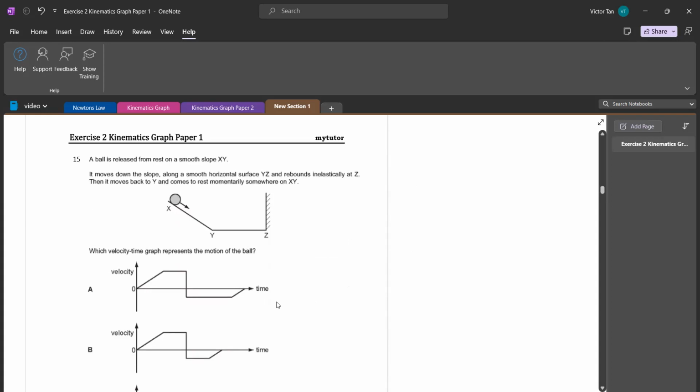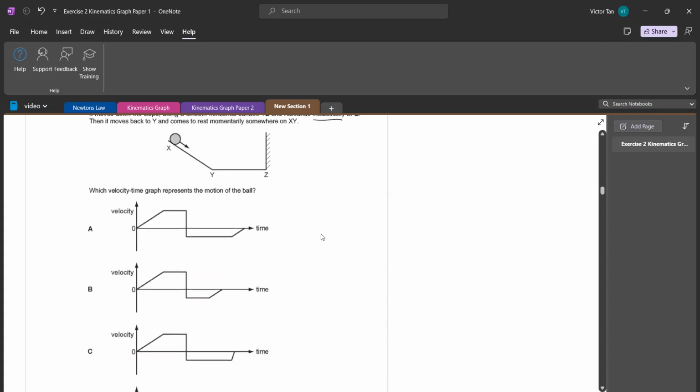A ball is released from rest on a smooth slope X. It moves down the slope along a smooth horizontal surface XY and rebounds inelastically at Z, and then it moves back to Y and comes to rest somewhere on XY. Which velocity-time graph best represents the motion?